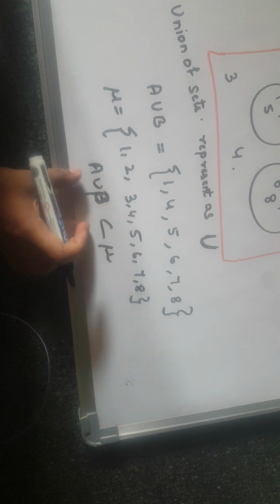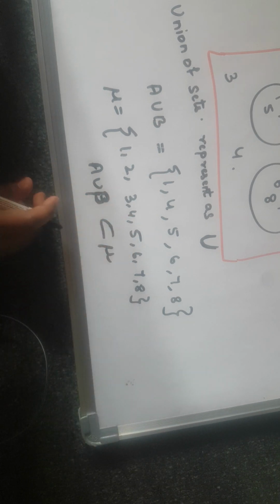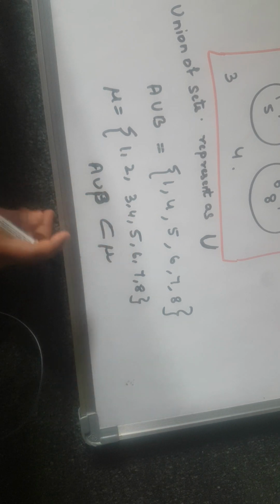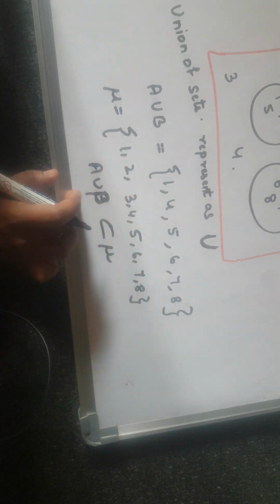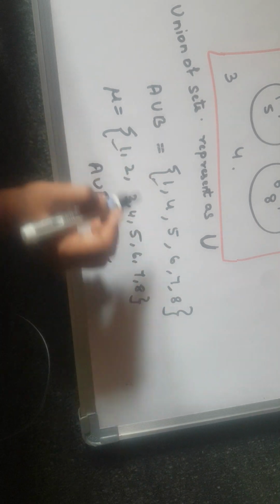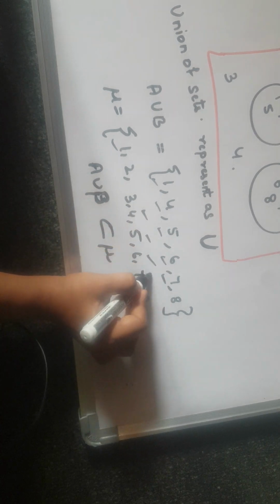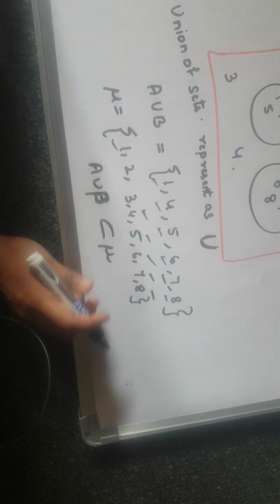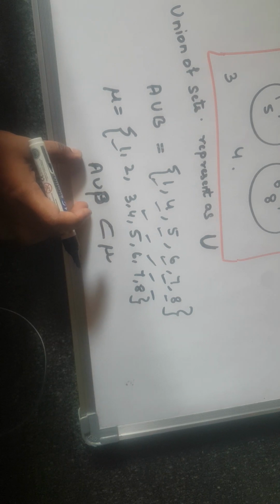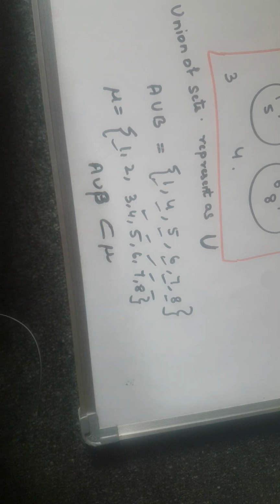A union B is a subset of our universal set. All the elements of A and B are present in it: 1 is present, 4 is present, 5, 6, 7, 8 are present. All the elements of A union B are a subset of the universal set.